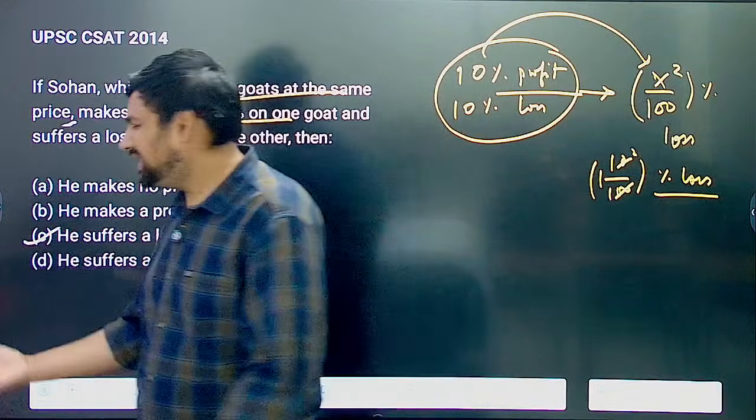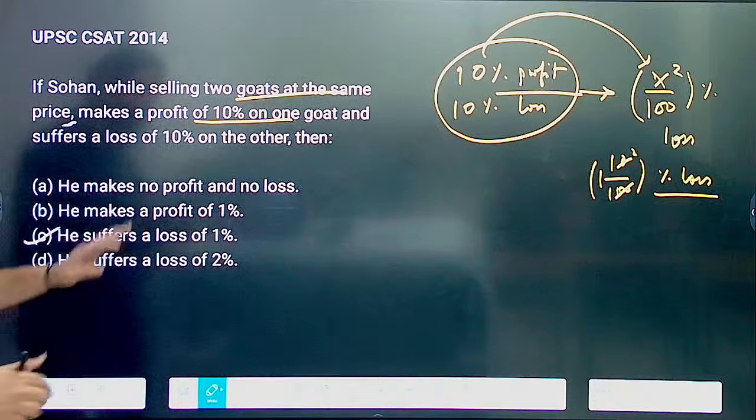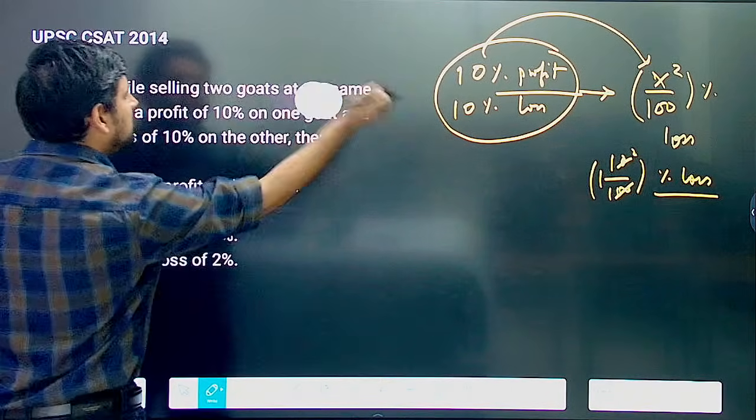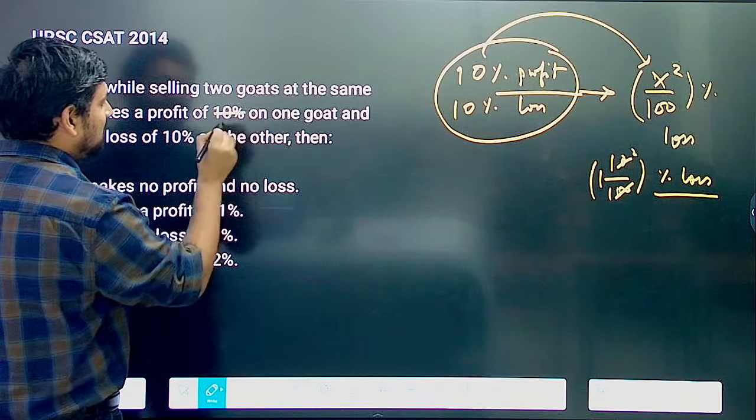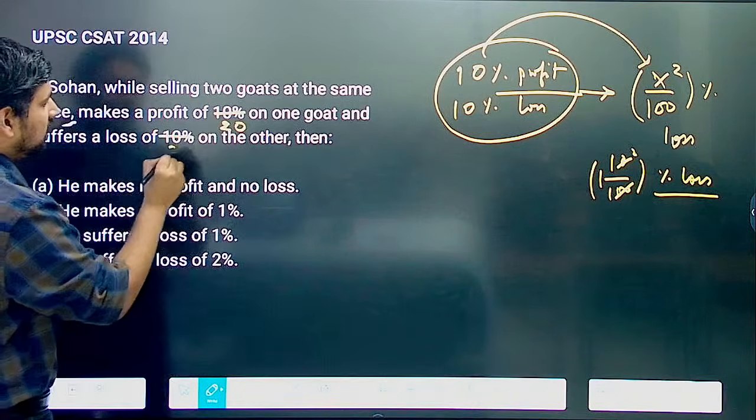That's it. Now if I change the question, you don't have to do anything. Like in CAPF this question was there, instead of goat something else was there, I don't remember, but the percent here was 20 and 20.